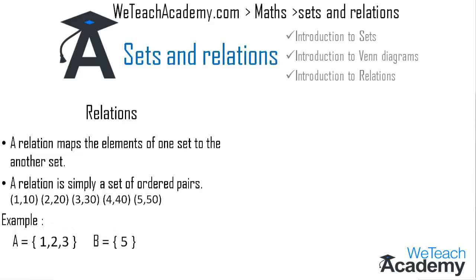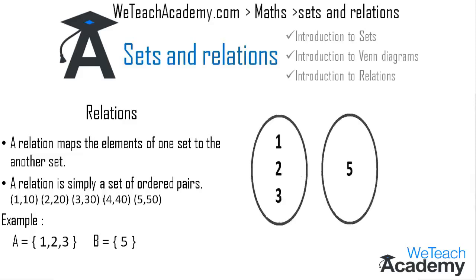Here we have the first example: A is equal to {1, 2, 3}, and we have only one element, 5, in the set B. Now let us represent this in the form of a Venn diagram. We have two Venn diagrams in which we have written the elements of A in one diagram and the element of B, that is 5, in the other.